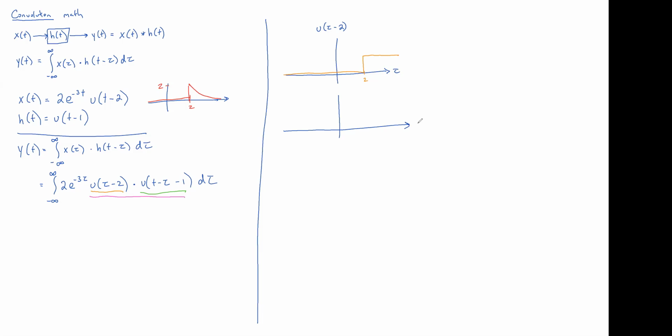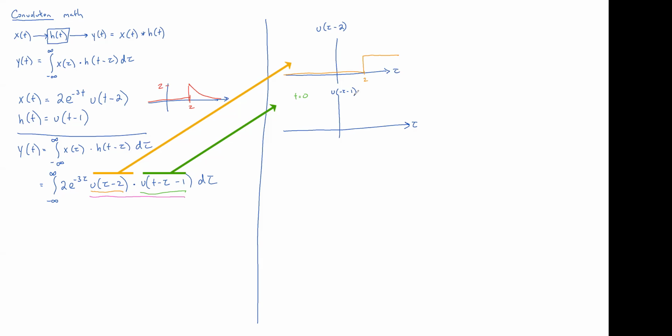Let's graph the second part. Now the second part is a function not only of tau, but also of t. So we're going to have to decide some value of t to graph this for. I'm going to throw out a simple value of t that kind of makes sense to me. Let's graph it for t equals 0. And we might have to modify that depending upon what we get. When t is 0, we end up getting u of 0 minus tau minus 1 that we want to graph.